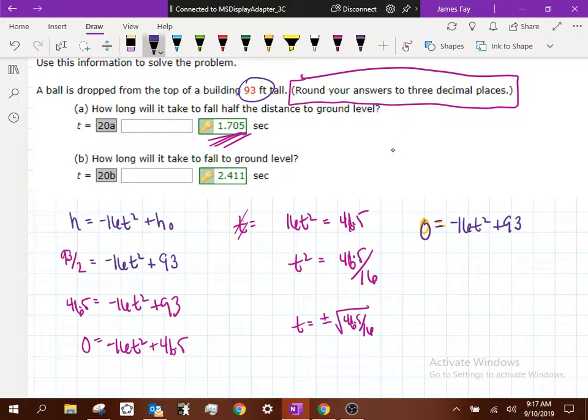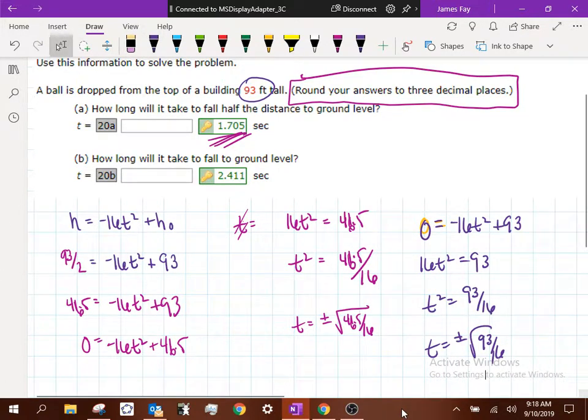I should then be able to go through the same algebra. 16 t squared equals 93. t squared is equal to 93 over 16. t then is plus or minus the square root of 93 over 16.